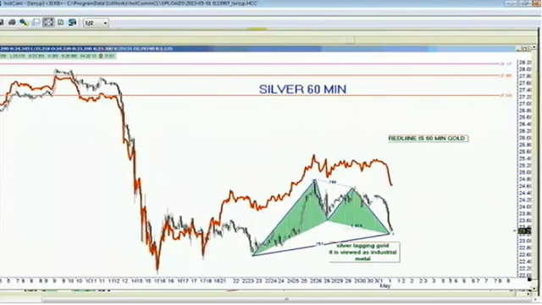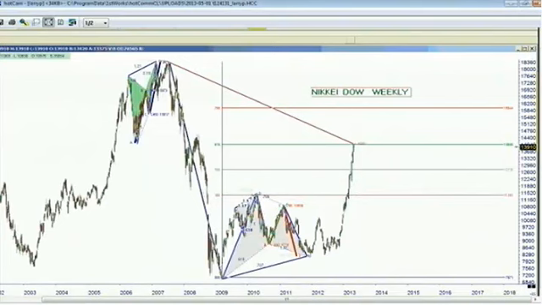Okay. Now we've talked about gold, we've talked about silver. Now we've got a situation we've been talking about for several days now, and that is with the Japanese stock market. We were looking to sell the Nikkei Dow up at the 61% retracement that it hit, which was 13,980.